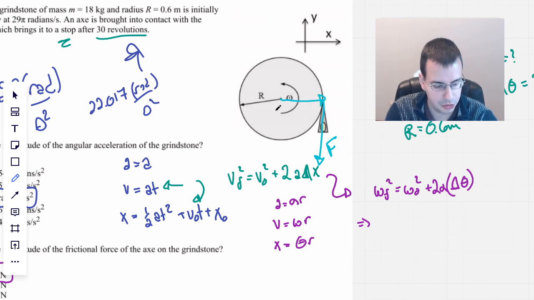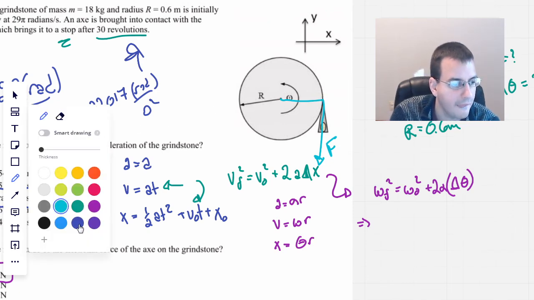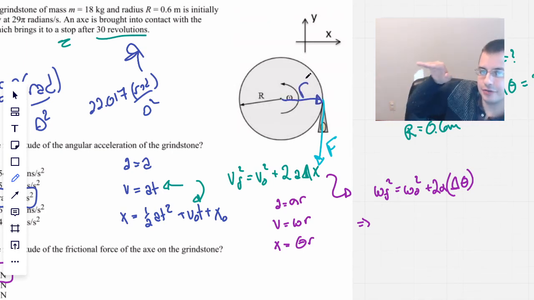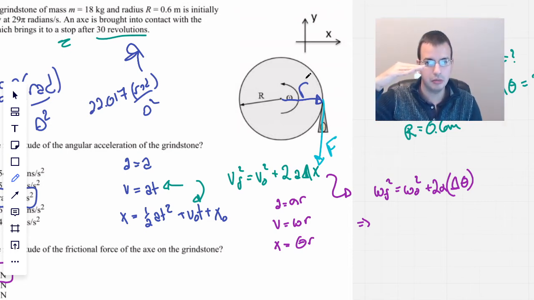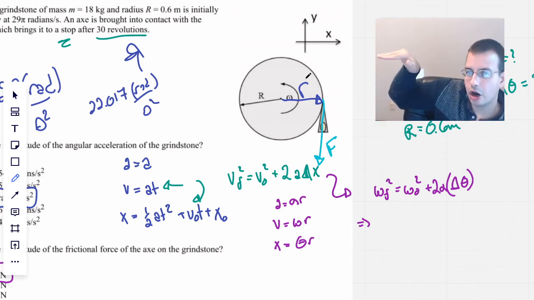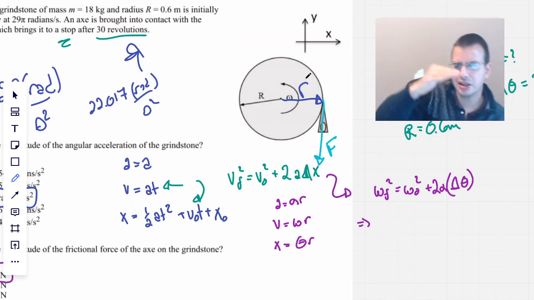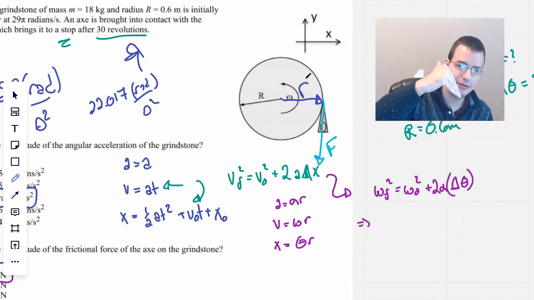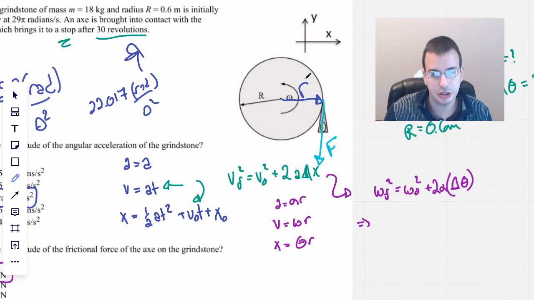R, I'll do a different color, R is this direction. So when you do R cross F, okay, focus, it's going to be into the page.